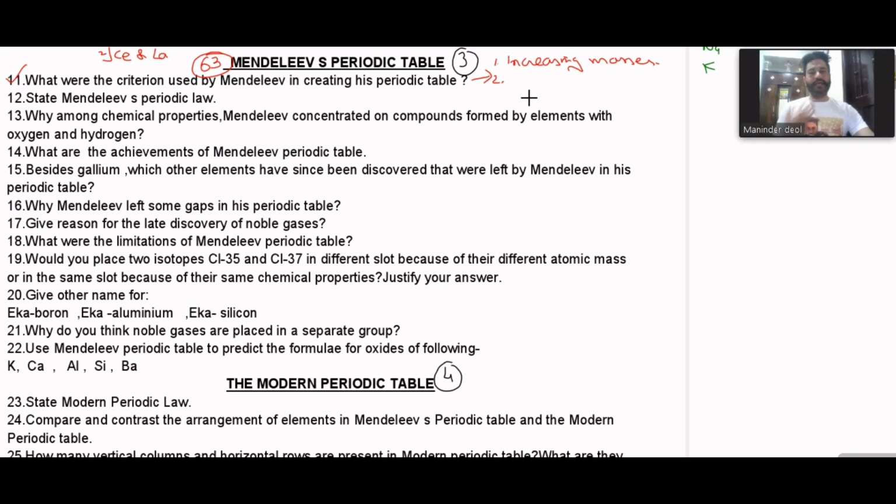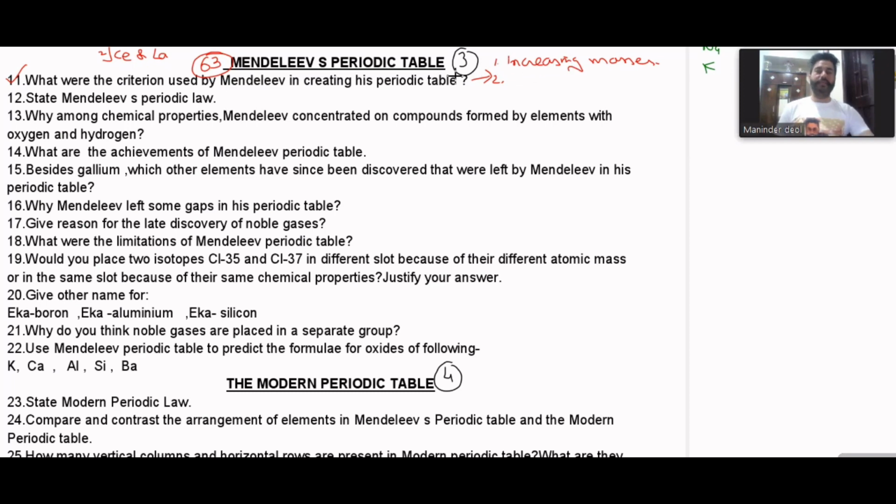Whatever the hydride or oxide, after reacting any element with hydrogen, its hydride is formed, and reacting with oxygen, its oxide is formed. He wrote these chemical properties on the 63 cards, and when they had similar chemical properties, he pinned the cards on the wall and found that all were arranged in increasing order of their atomic masses.